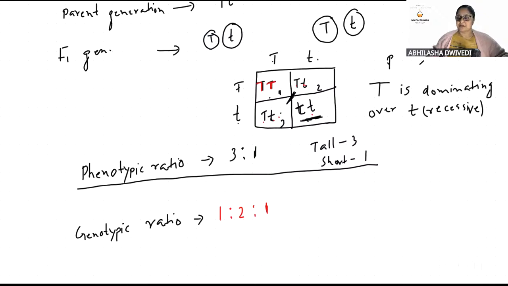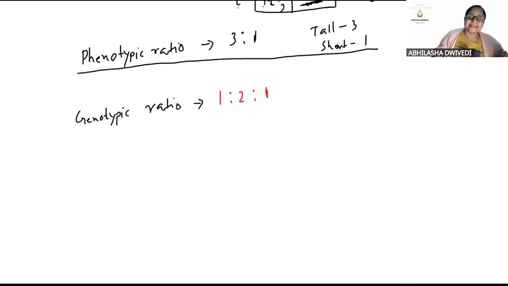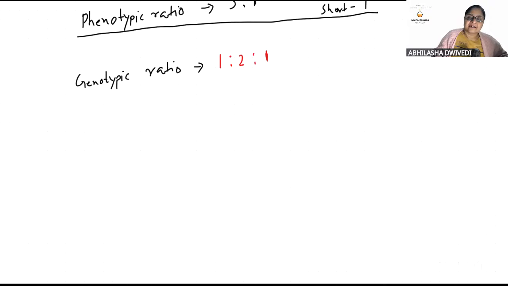Maybe you can try this cross. Just by changing the letter, it becomes confusing, isn't it? So you try RR into RR. You will form the gametes and you will do the Punnett square.